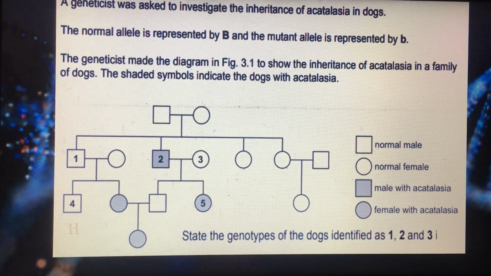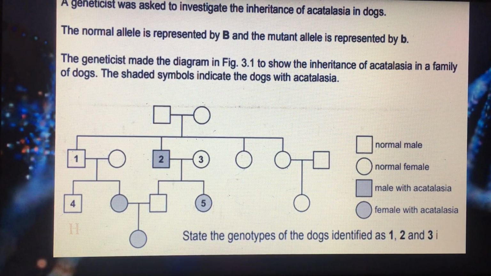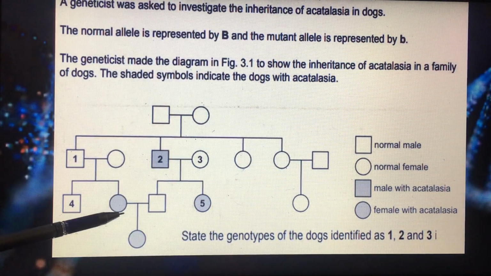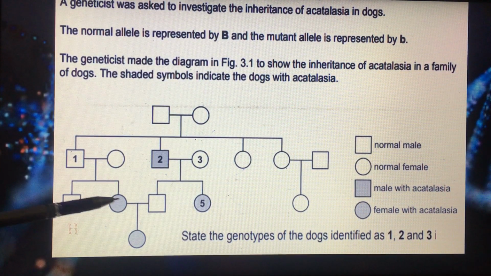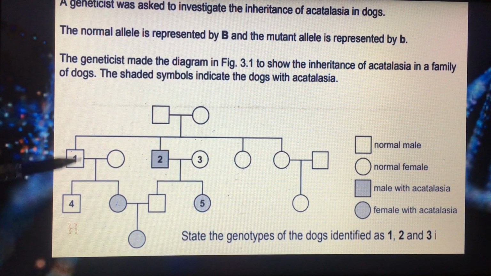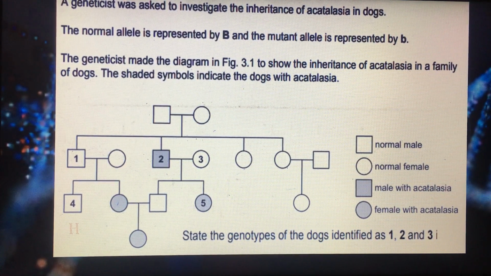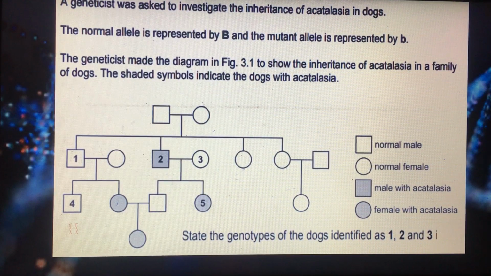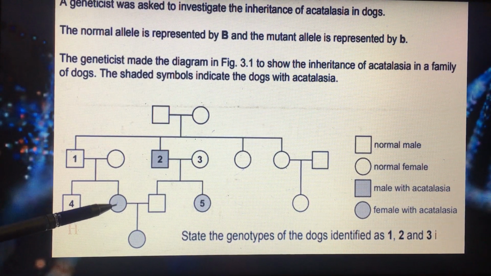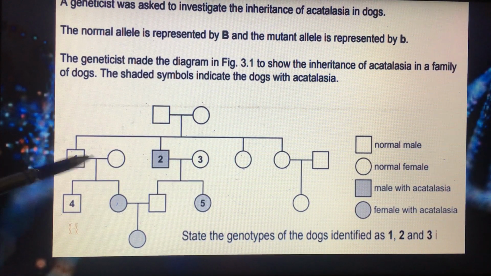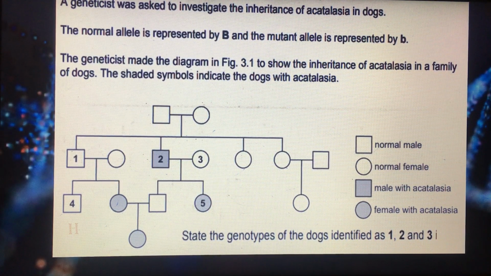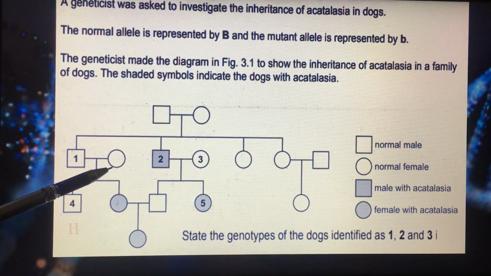Now when B small appears in the offspring, that means the parents will be B capital, B small. So one B capital, B small, and this circle also B capital, B small.